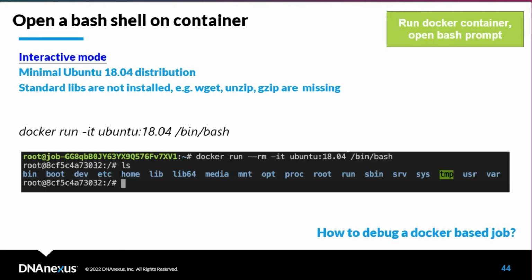All right, so now we are on the worker and our base image is ready. We are working with a minimal Ubuntu distribution. And what does that mean? Many standard libraries are not installed, so we can enrich our image, let's say with wget, unzip, or many standard Unix or Linux tools.